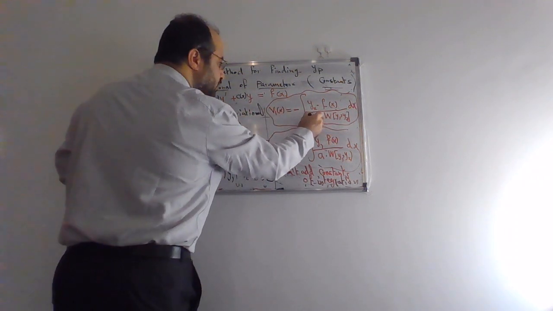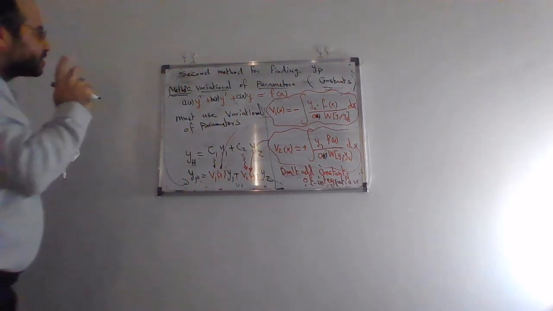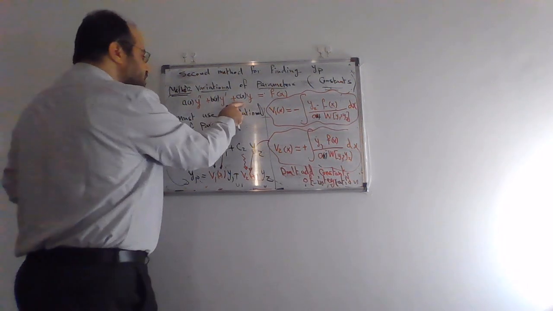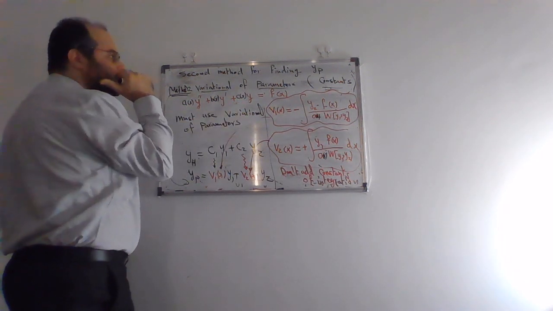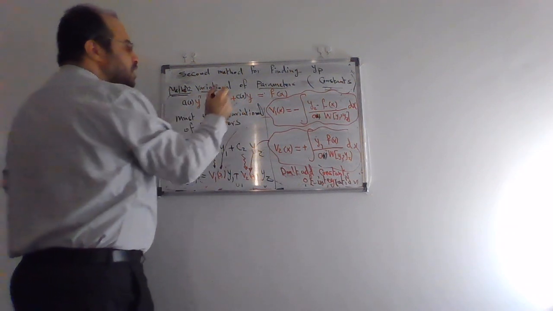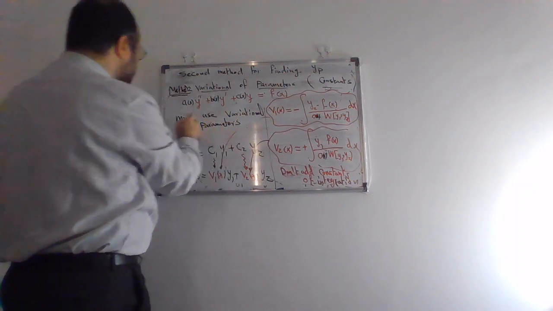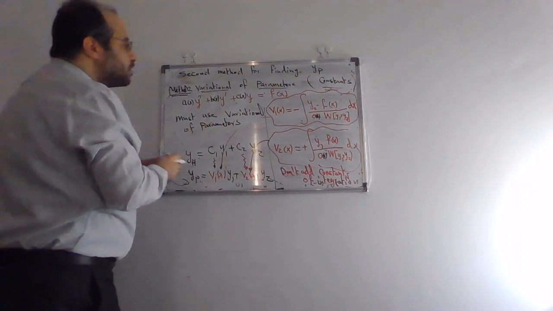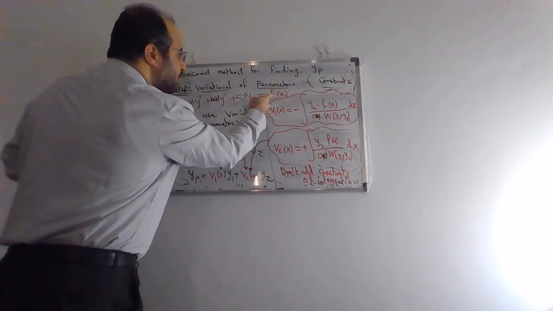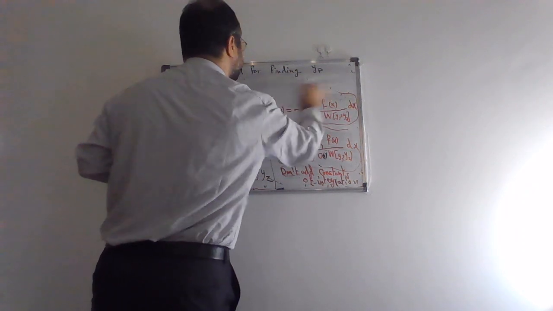So variation of parameters works whether you have constant coefficients or not, but indeterminate coefficients, the old method, works only for constant coefficients. Do we need f to be nice? No, this method will work even for a function f of x that is not nice. So this is method 2.